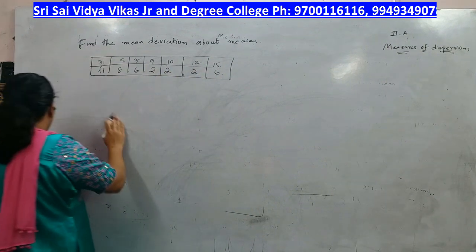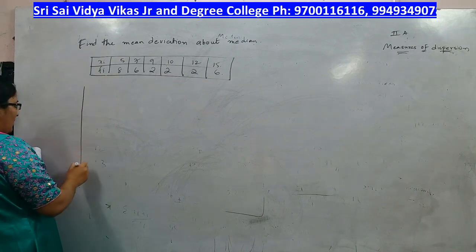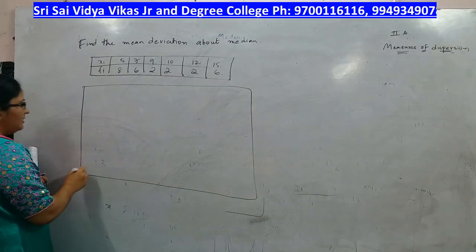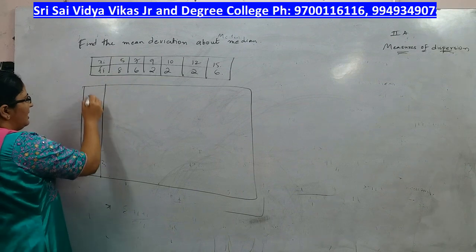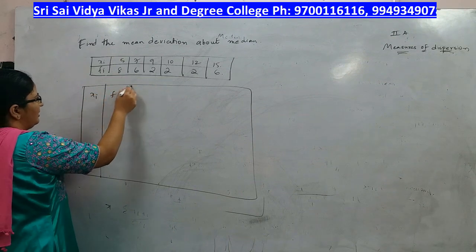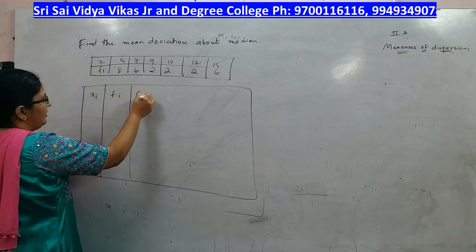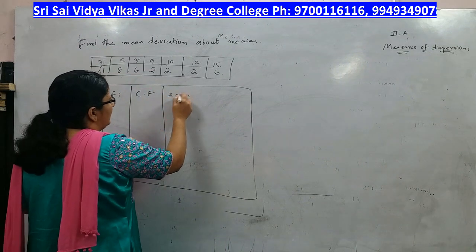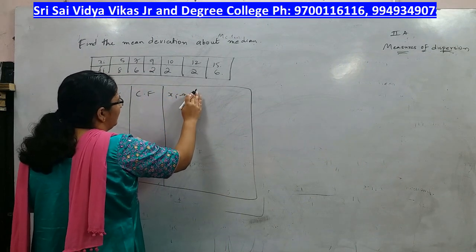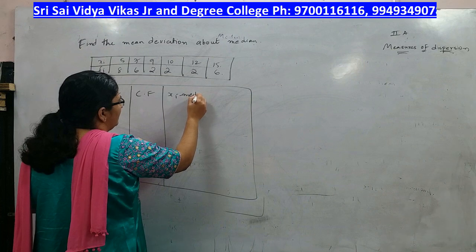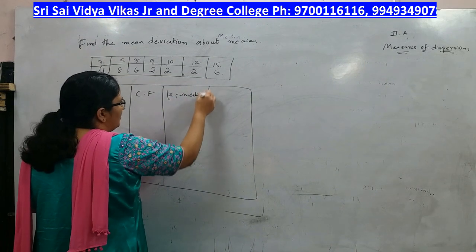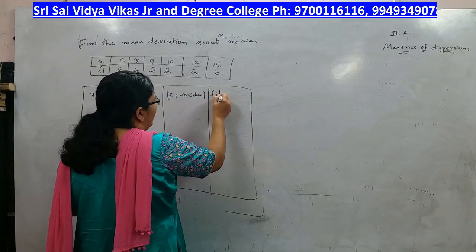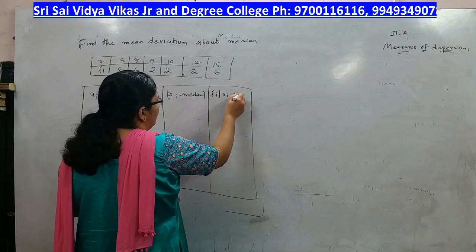Okay, first of all, what all we need, that we will write: Xi, Fi, cumulative frequency, Xi minus median, Fi into Xi minus median.